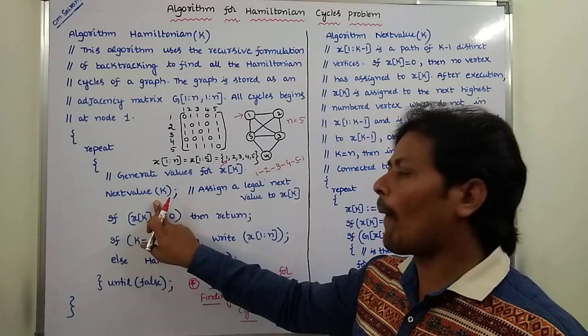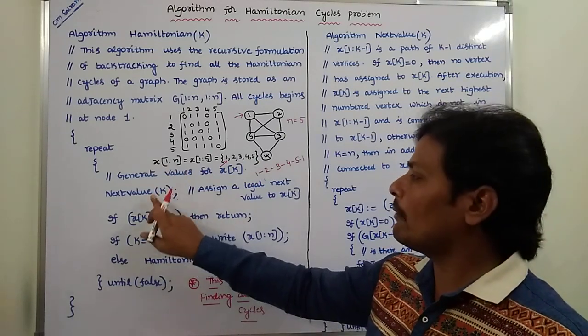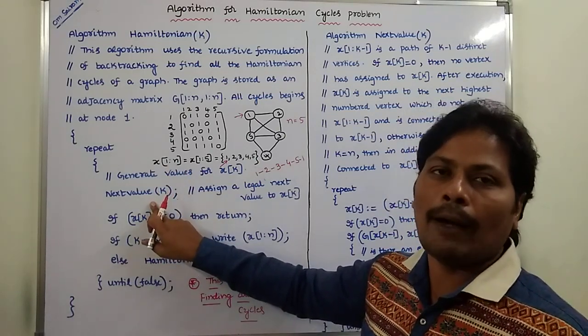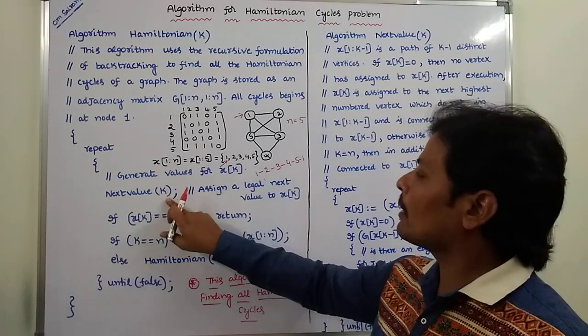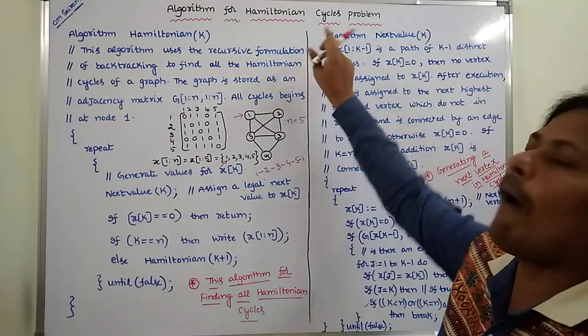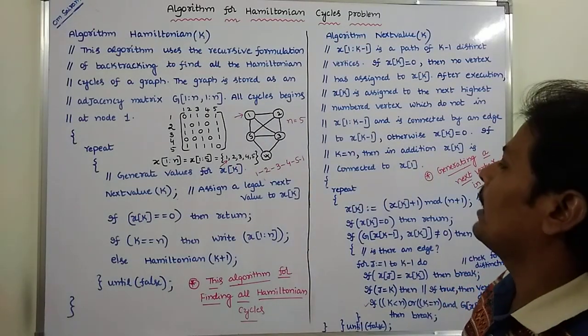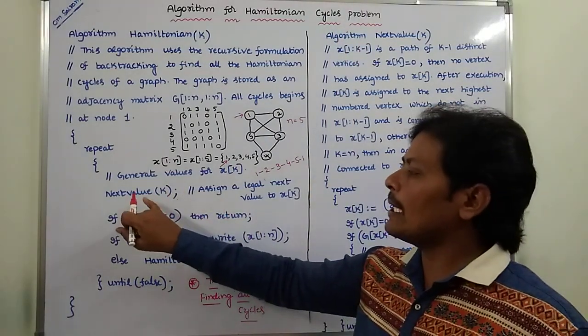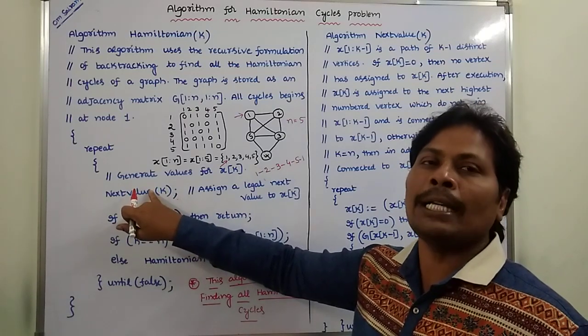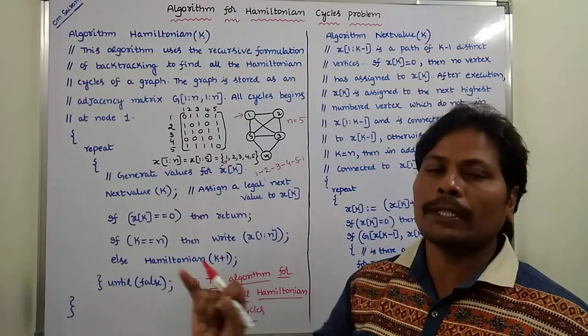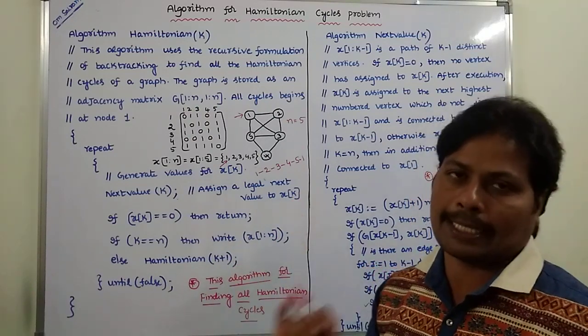This is the calling function. Whenever the function is called, the control is transferred from the calling function to the called function. So this function is used for finding the next vertex in the Hamiltonian cycle after the starting vertex.